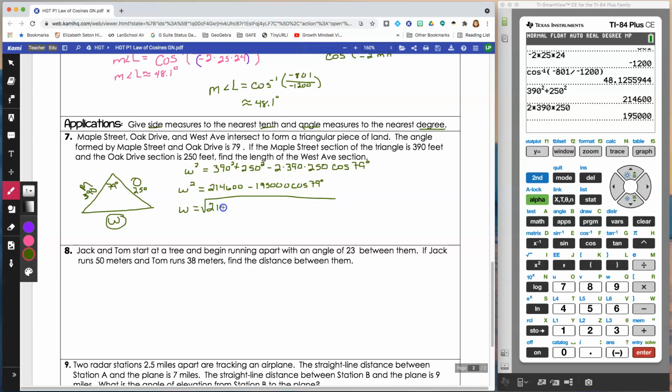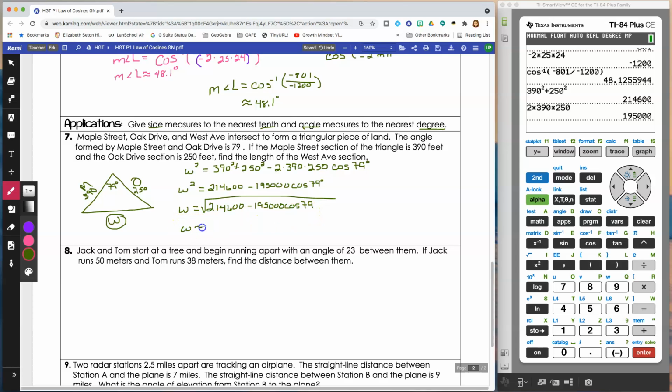So 214,600 minus 195,000 times the cosine of 79 degrees. Now remember, you cannot just do the subtraction first because that 195,000 has to be multiplied by the cosine of 79.